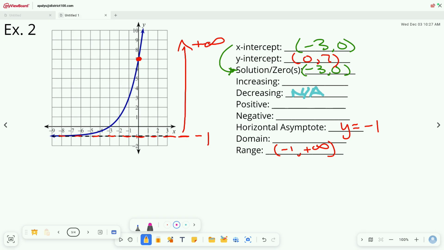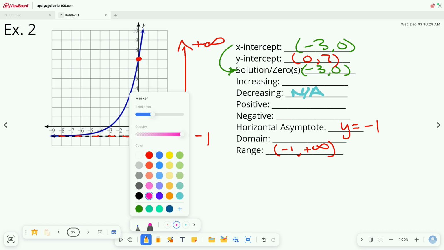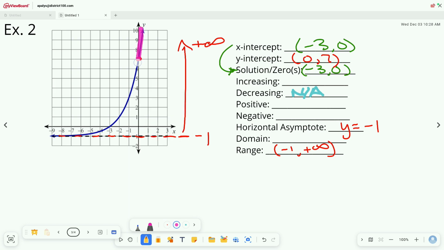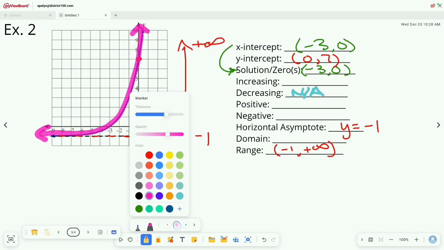So then what does that mean for increasing? Remember, we're worried about x values.